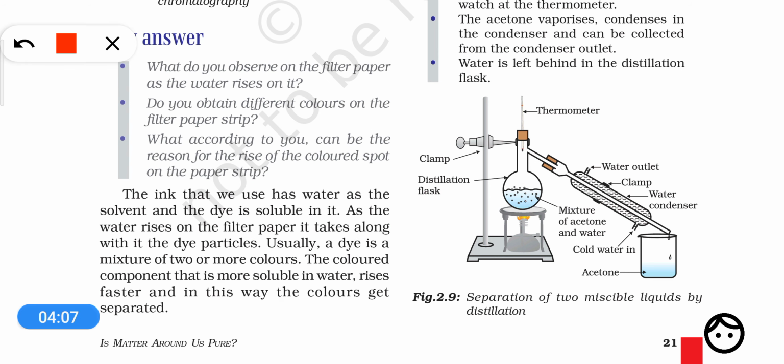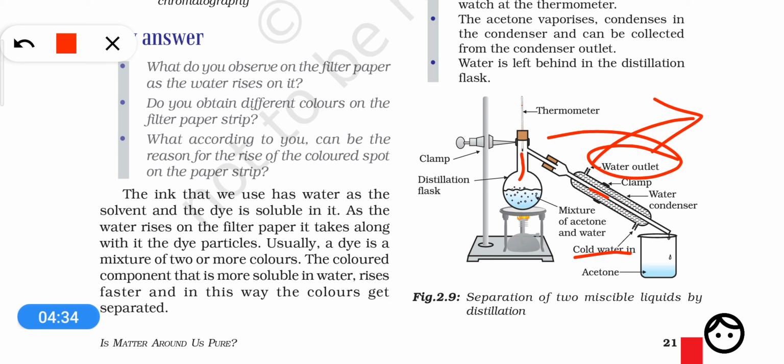Here you can see cold water in, and water outlet is here, meaning from one side the cold water will enter, from the other side the hot water will go away. So when the hot vapors of acetone enter into the condenser, they will cool down because they come in contact with the walls of the condenser, which are in contact with cold water.